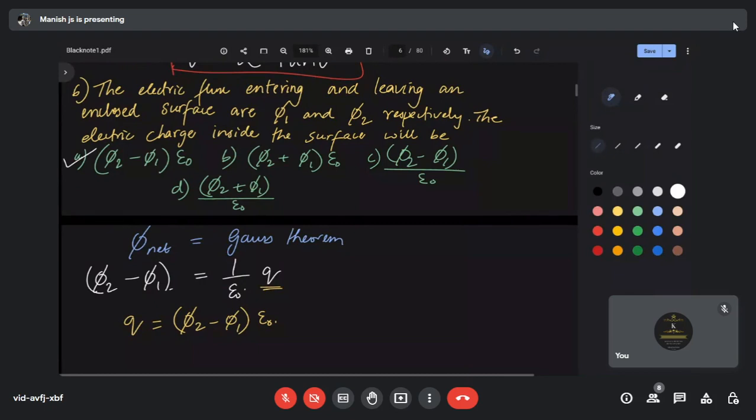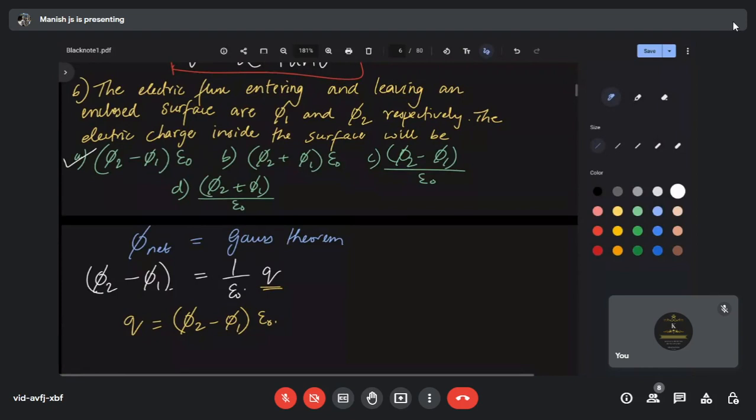Sir, how is phi net equal to phi 2 minus phi 1? Because here you have to take your entering electric flux given as phi 1 and leaving as phi 2. So net electric flux is basically leaving minus entering, because leaving is positive and entering is negative by sign convention.